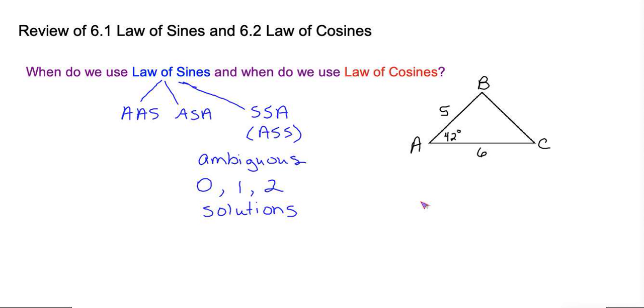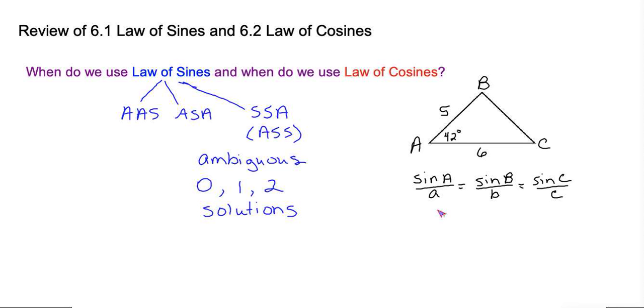And we tried to use the law of sines. Law of sines would be sine of A over lowercase a equals sine of B over lowercase b equals sine of C over lowercase c. So we're going to go back and substitute in.